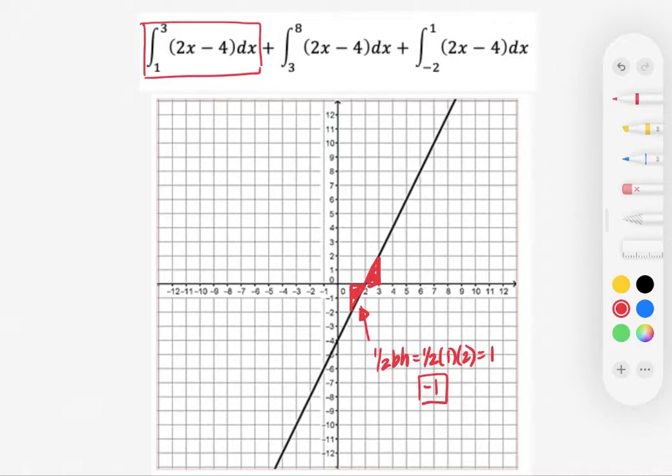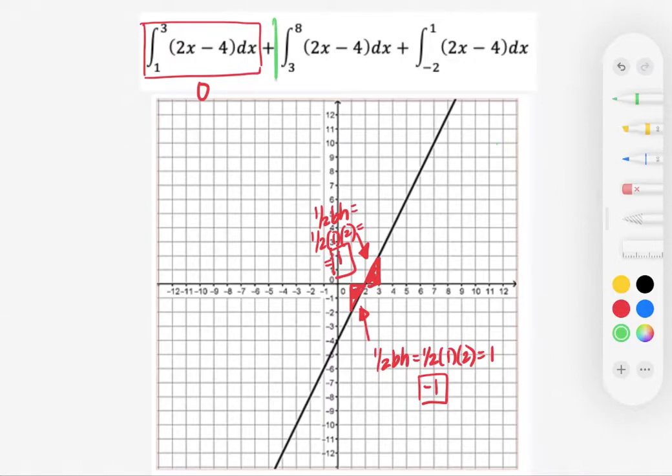So let's do the same for this little piece right here. 1/2 base times height, which is 1/2, same base, same height. And because it's above the x-axis, it's a height of +1. So if I wanted to say the total area from 1 to 3, I have -1 and then a +1. This is going to end up being just 0. Okay, let's move on to the next one.